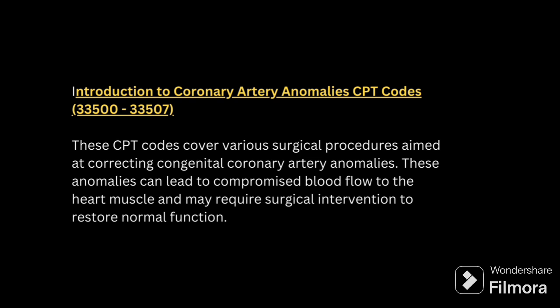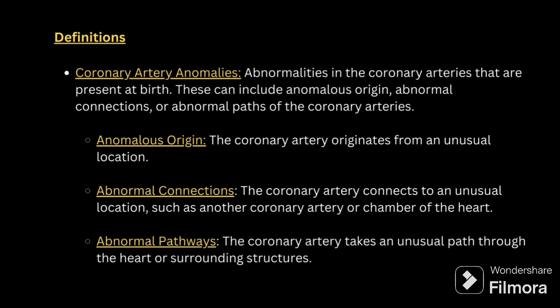Introduction to coronary artery anomalies 33500 to 33507. These codes cover various surgical procedures aimed at correcting congenital coronary artery anomalies. These anomalies can lead to compromised blood flow to the heart muscle and may require surgical intervention to restore normal function. Next comes the definition.